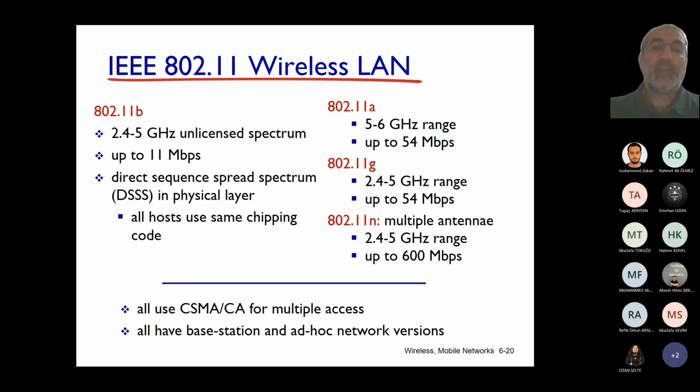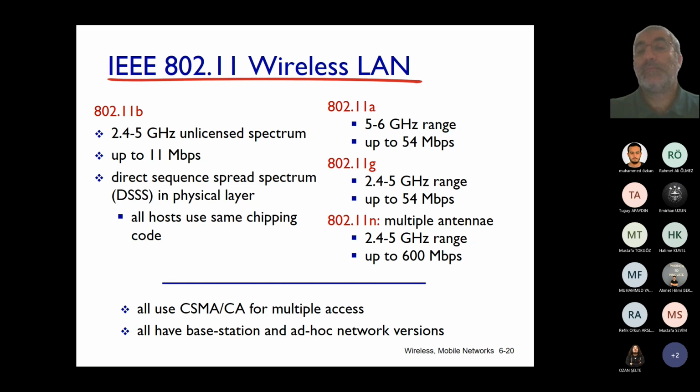And it can provide up to 11 megabit per second data rate. The technology utilized in the physical layer is DSSS, which is direct sequence spread spectrum. And all hosts use the same chipping code in this case.